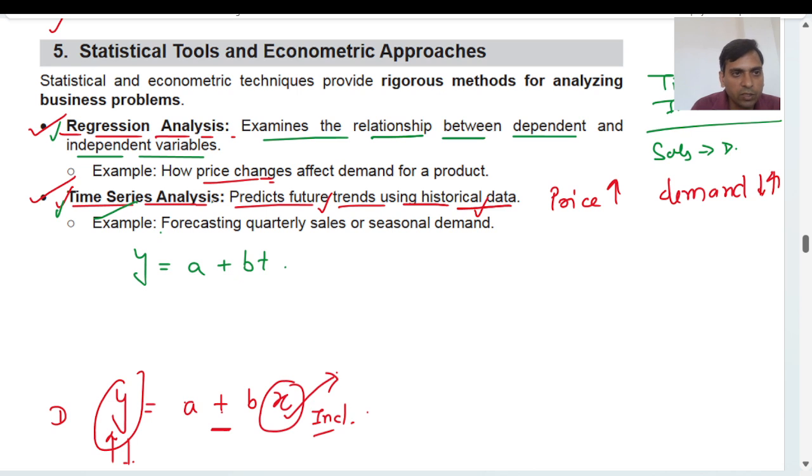Using regression analysis in time series, you can forecast sales, seasonal demand, and multiple other things. You can forecast sales on the basis of advertisement, and you can predict demand on the basis of price change. So you can do multiple things using this concept of regression and time series analysis.